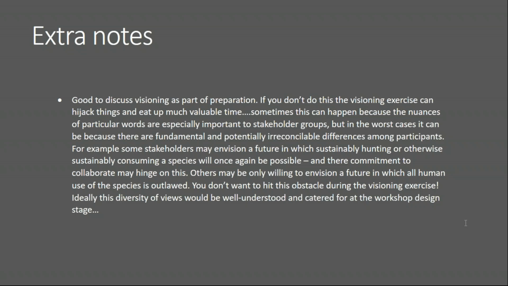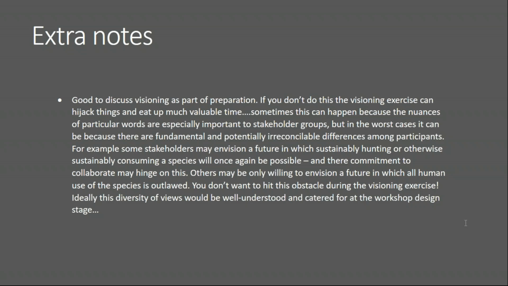Okay. Wow, yeah, that is quite a complicated issue, and I wouldn't know how to advise you without knowing more about the situation, but I think that could be a situation where you would take some additional steps before you thought about a vision, so that you could be sure that the group could be united behind a common goal.